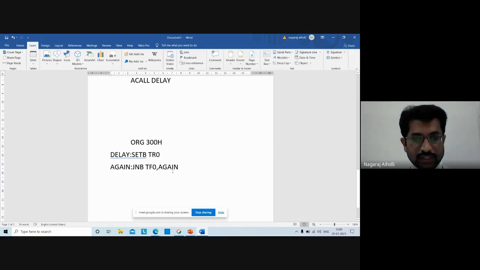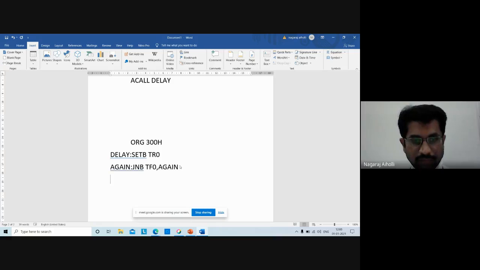In the previous two classes I discussed how to start the timer. Once we start the timer, we have to monitor the overflow flag. If the overflow flag is 0, it will jump to here again. If it is 1, it will come out of the loop.